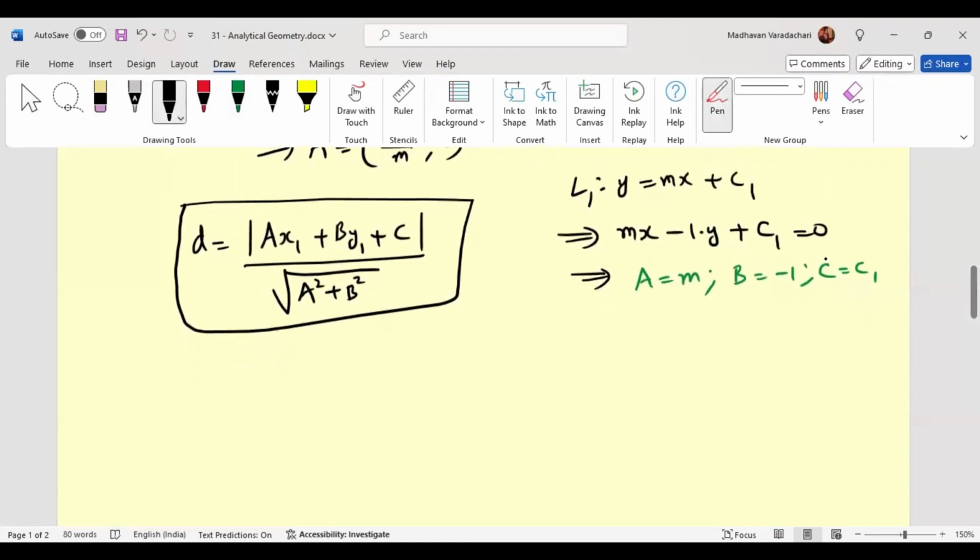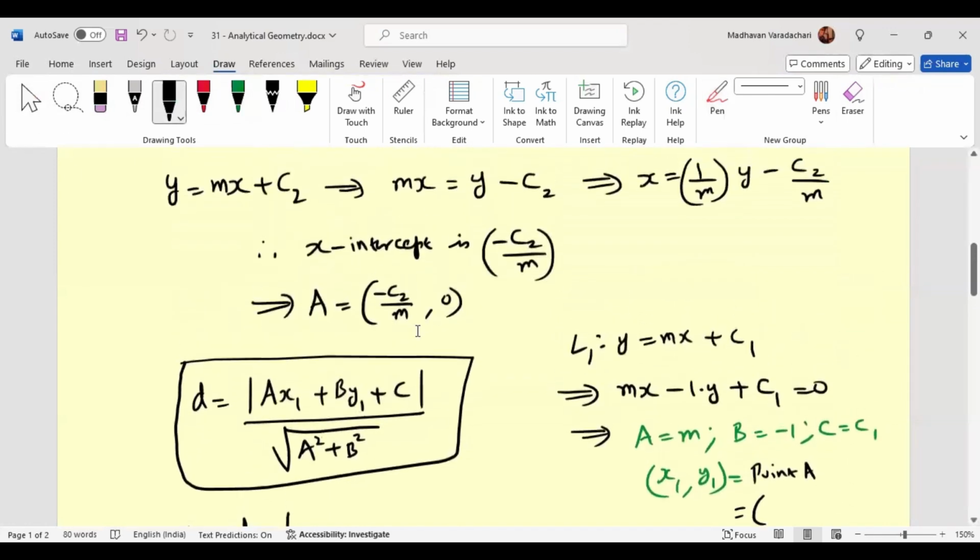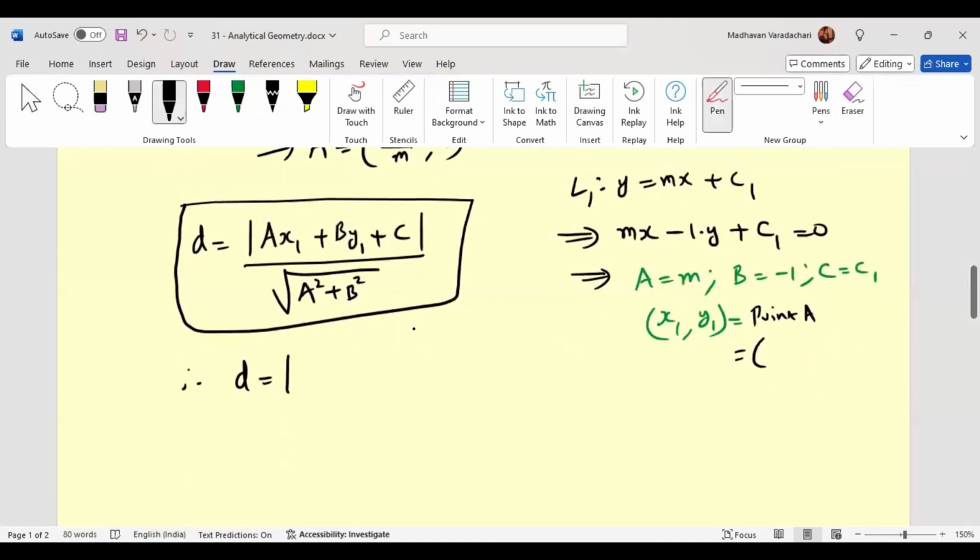So that means, therefore, D will be modulus of, another thing we can say is x1 comma y1 is nothing but the point A, and that is nothing but, we already identified that point, negative c2 by m, comma 0.